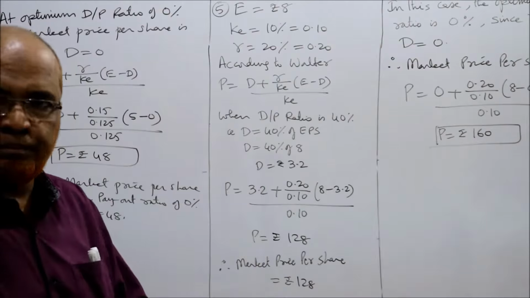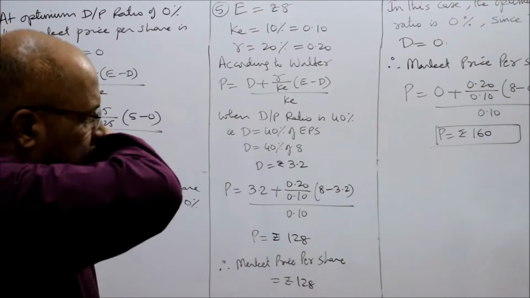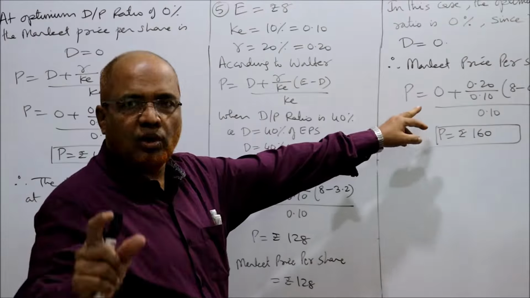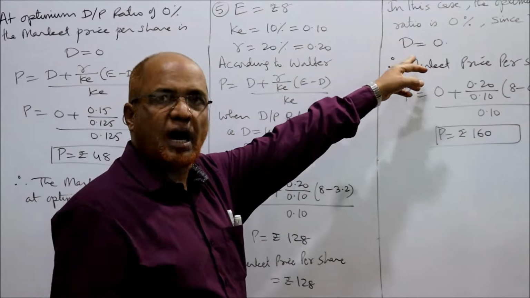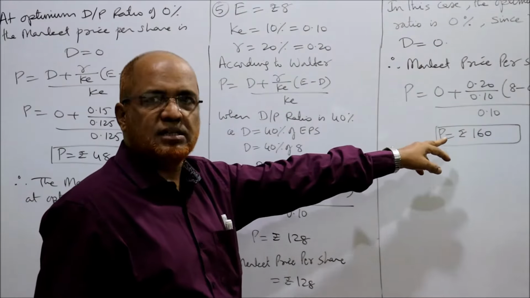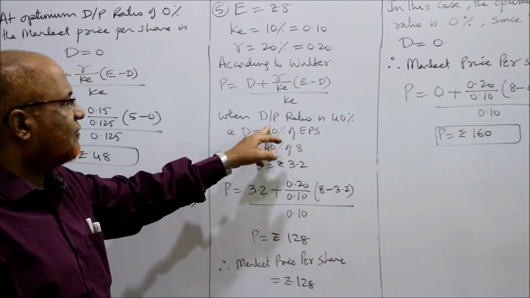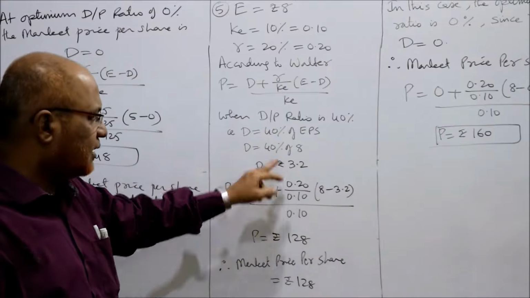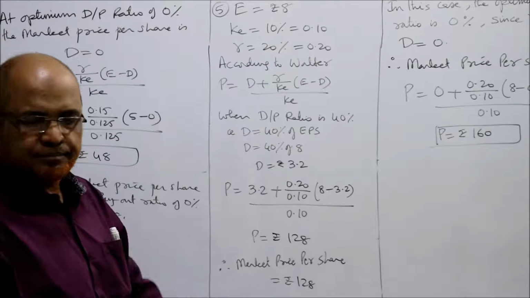It's a growth firm. R is greater than K. So for a growth firm, the optimum DP ratio is 0%. If we keep 0%, it is 160. Presently, if we don't keep 0% and keep a 40% DP ratio instead, it is 128.